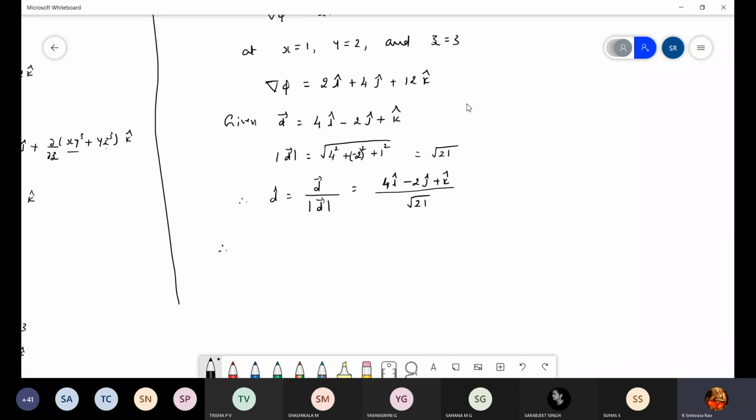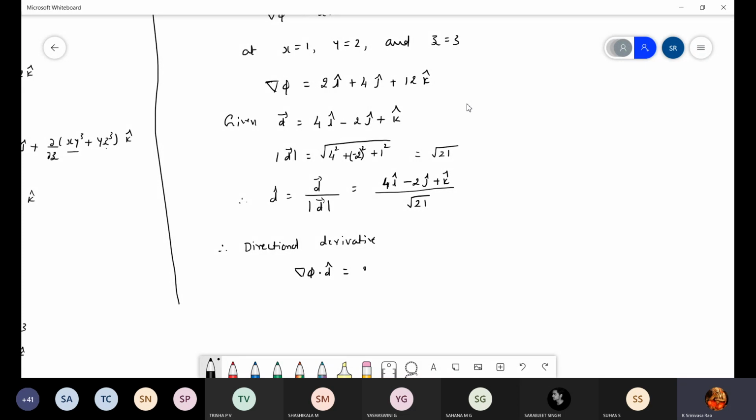Therefore, directional derivative equals grad phi dot d cap. See, once you understand the procedure, you just go on solving. Don't wait for my answer, just verify your answer against mine. Maybe I may be wrong sometimes. Then you have to rectify that mistake, and you should inform me if there is a mistake. Okay, grad phi dot d cap.